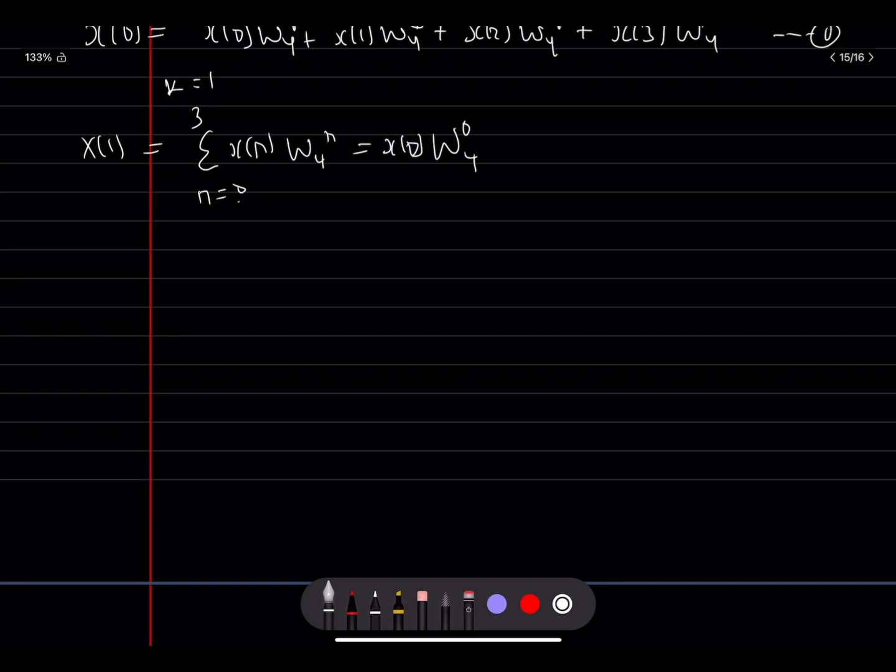That's n equal to 0. So n equal to 1, it's x of 1, and since k is also 1, we are going to get omega 4 to the power 1, right?